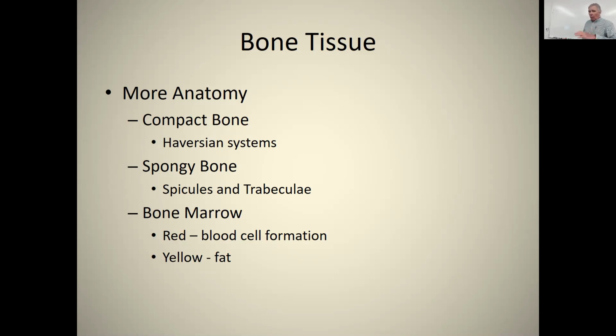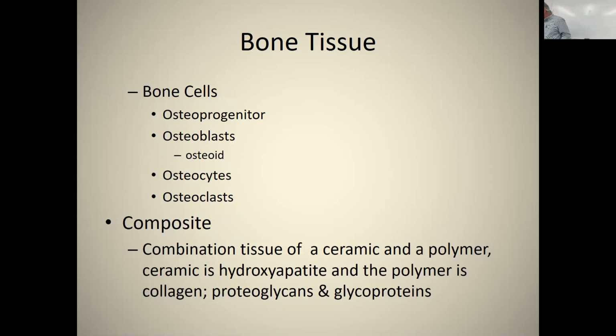Bone marrow, remember, red blood cell formation in the epiphyses. Yellow is just fat in the diaphysis. So you have osteoprogenitor cells that could become any of the other types of cells.